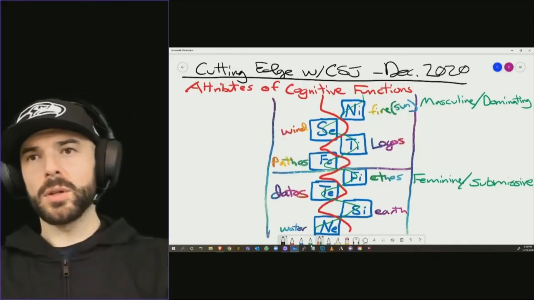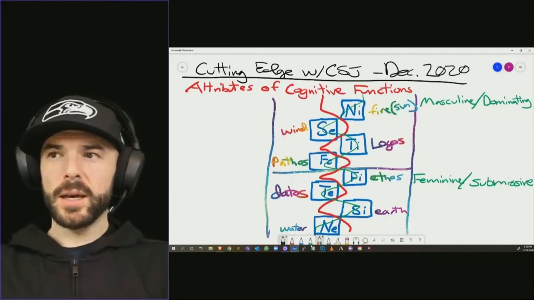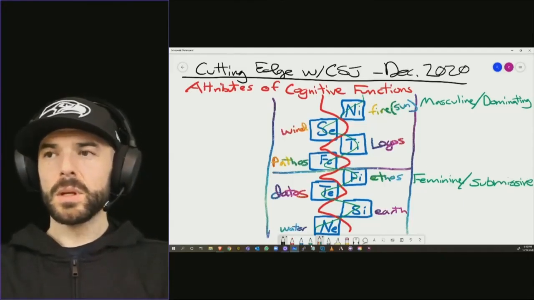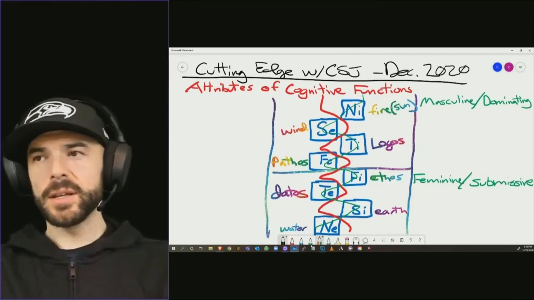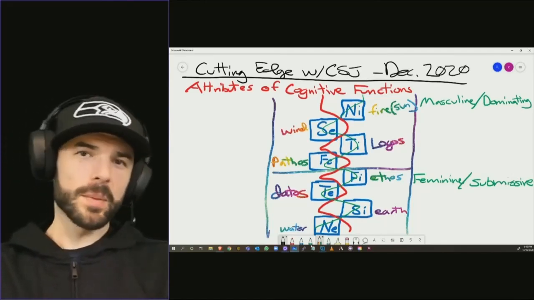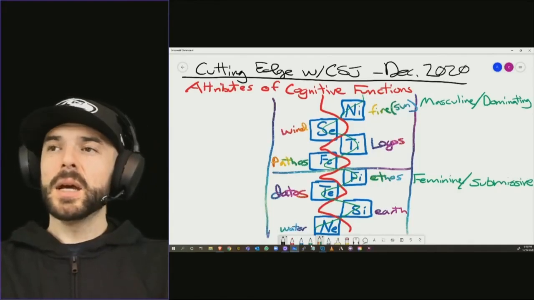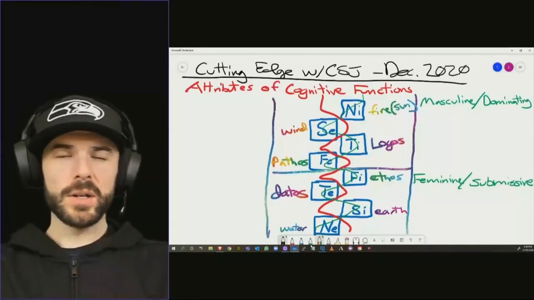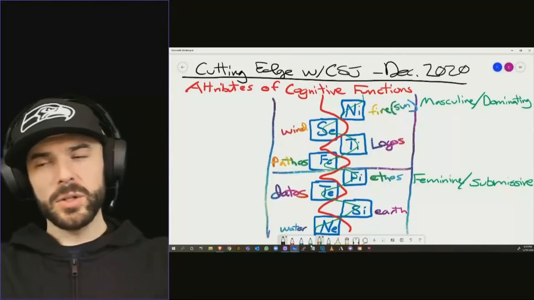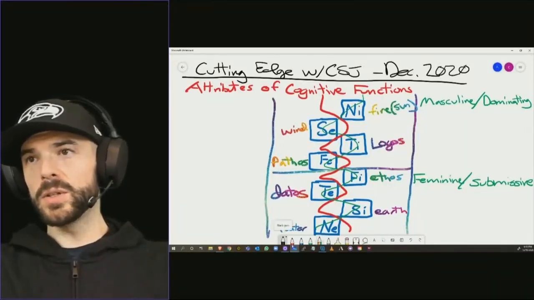So whatever the Greek word is for data, datos, I think is what it is. Correct me if I'm wrong. Someone go look it up. I wouldn't mind help with that. So we have the four elements, and then you have the four areas of decision making. So over here we'll use this.